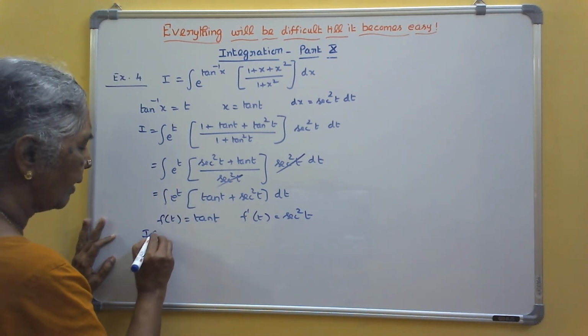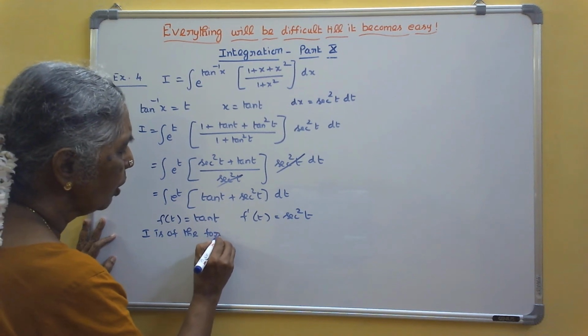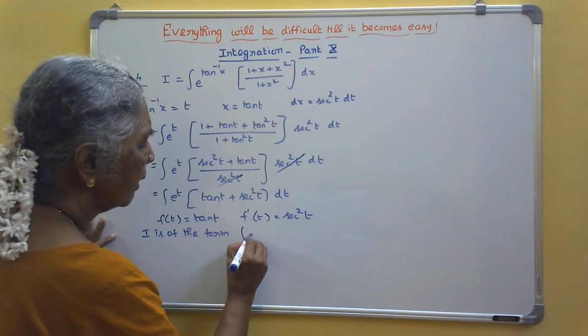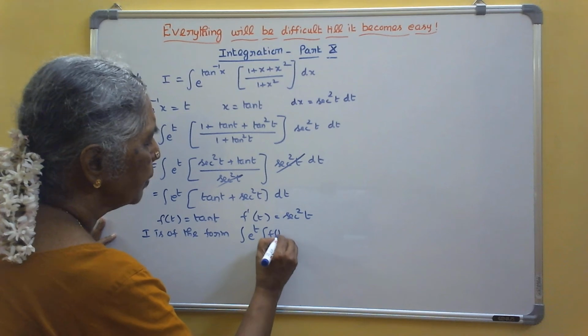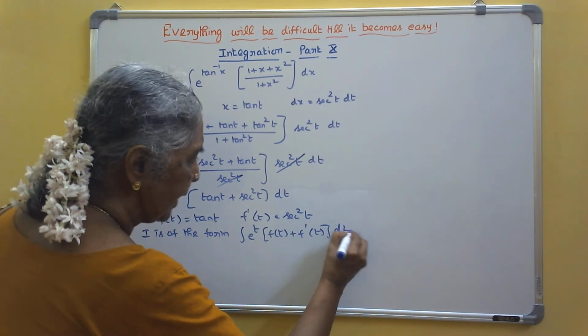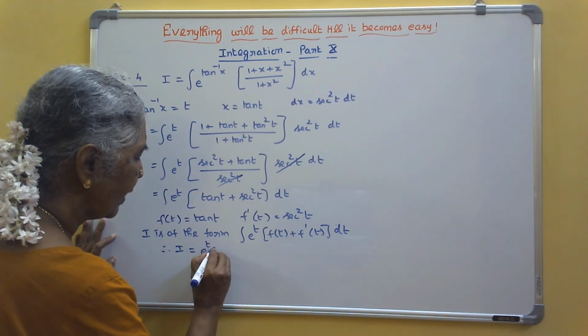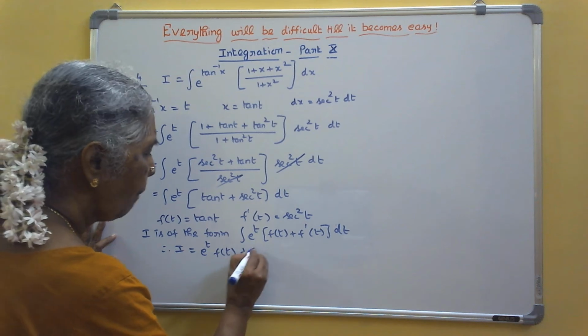So the integral I is of the form, now write in terms of t, integral e power t into f of t plus f dash of t dt. Therefore, I will be equal to e power t f of t plus c.